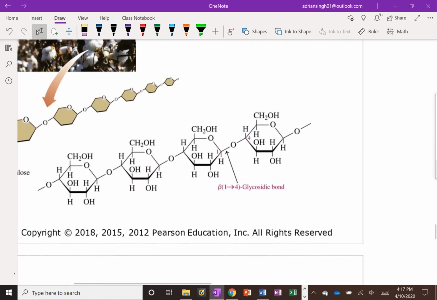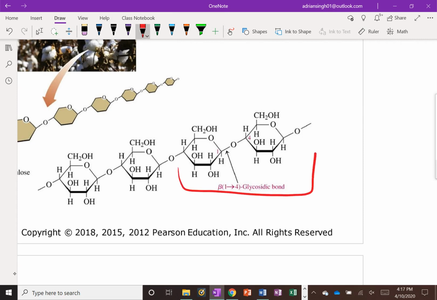And we'll see the slight but very important difference between this and the alpha 1,4-glycosidic bond. So let's just focus in on a couple of these. So let's just take a look at maybe these two here. All right, so we have one glucose on this side and one glucose on the other side, and there's the glycosidic bond between them.